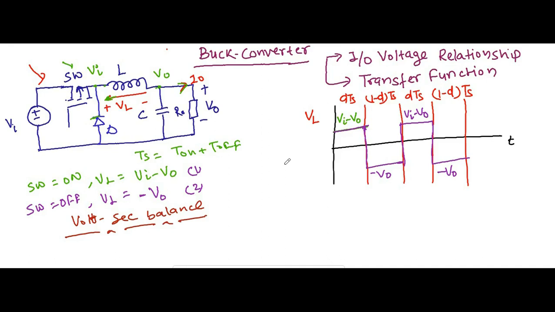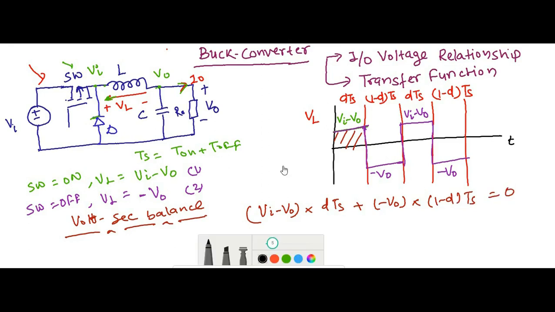So volt second balance is that the area Vi minus V naught for the time period of dTs, plus minus V naught for the time period of 1 minus d into Ts, equals 0. So this is the volt second balance for the inductor.